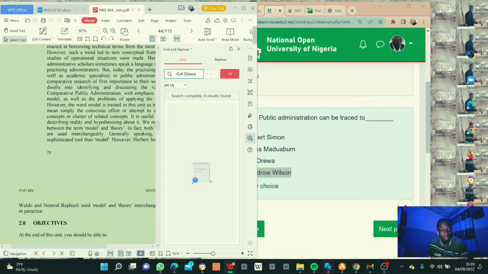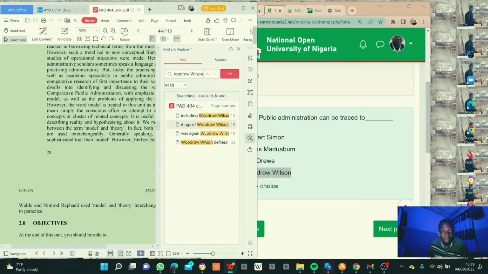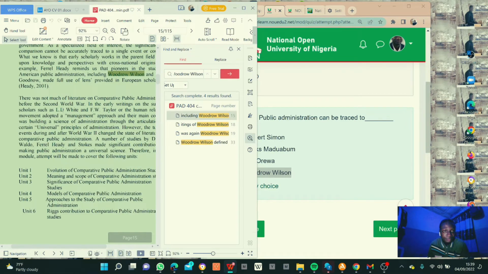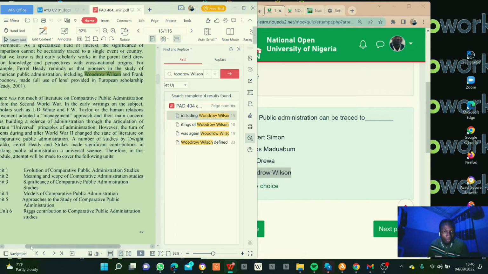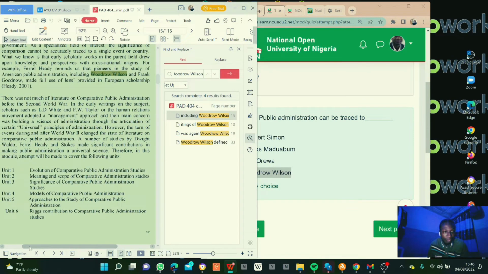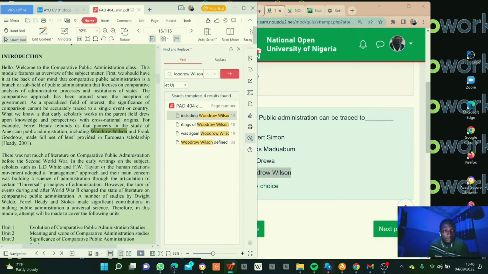Ctrl A, Ctrl V. Okay, about 4 results. So let's check. Okay, it says, let's take it from become a specialized field of interest. The significance of comparison cannot be accurately traced to a single event.